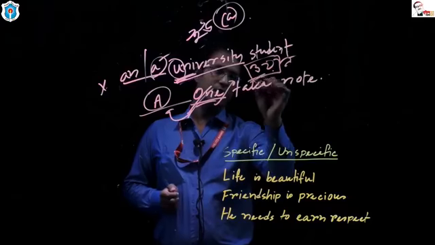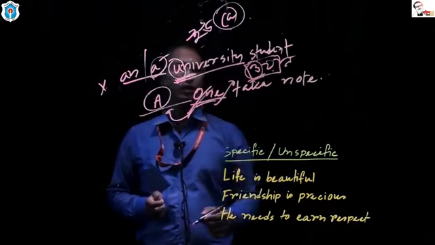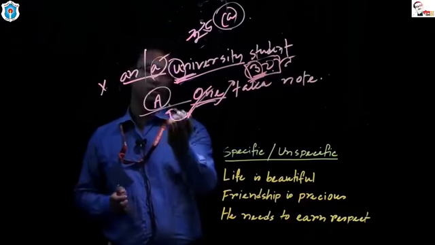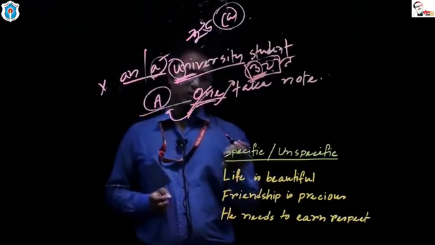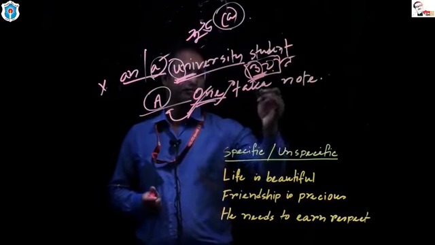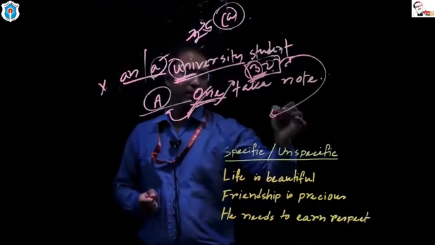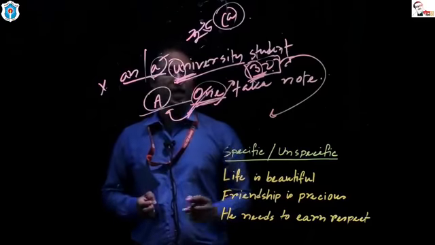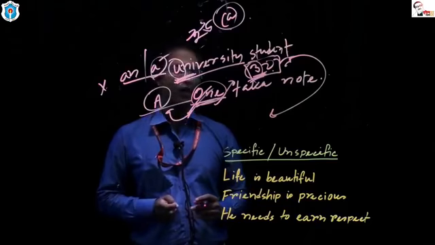Then if I tell you there is O, why are you giving A here? That means it starts with vowel sound. Why are you giving A here? I think you will be silent. Let me explain. This one doesn't start with a vowel sound.